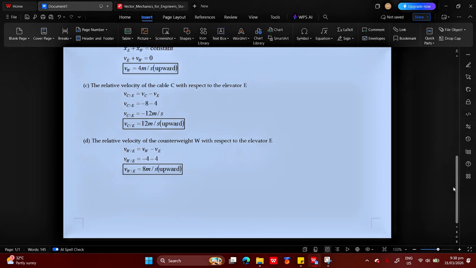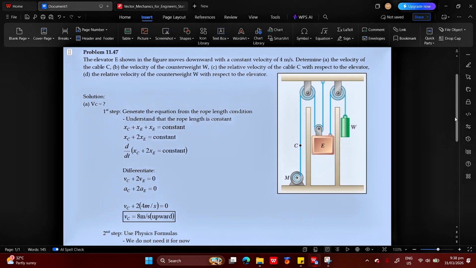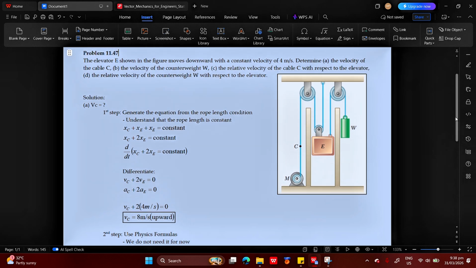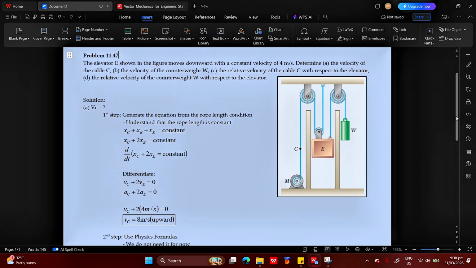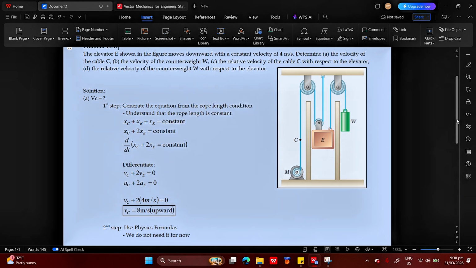I hope you got it. Remember that the relative value is the vector difference between the two values. If they are moving in the same direction or along the same axis, subtract directly. With different directions or different axes, expect that you must get the hypotenuse, the length between the two.